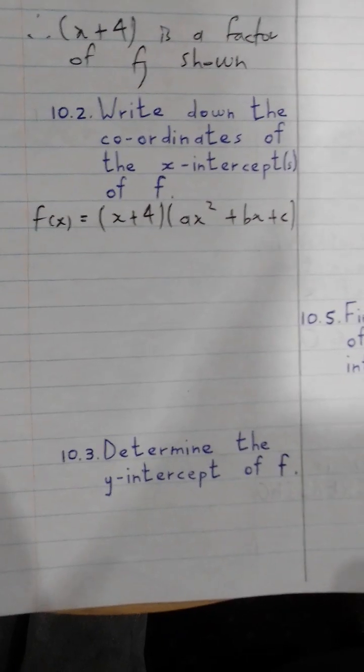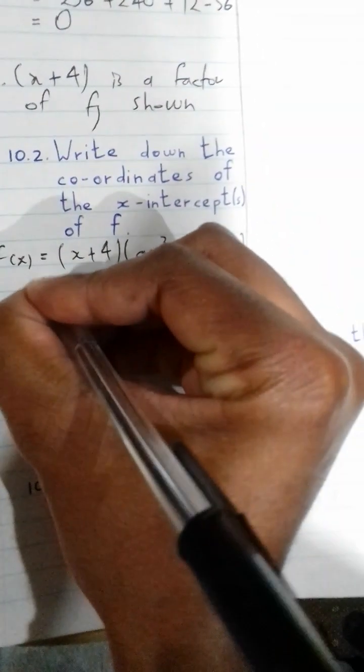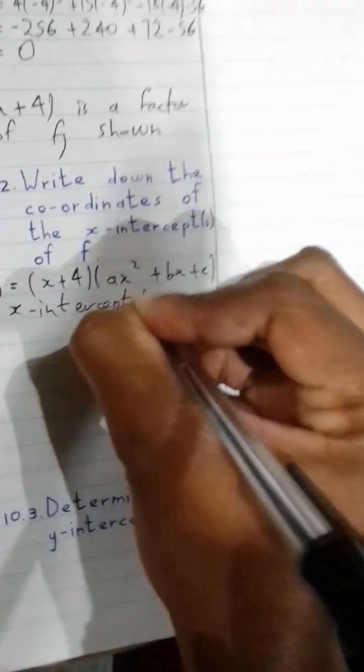And don't forget, for the x-intercept, y is 0.